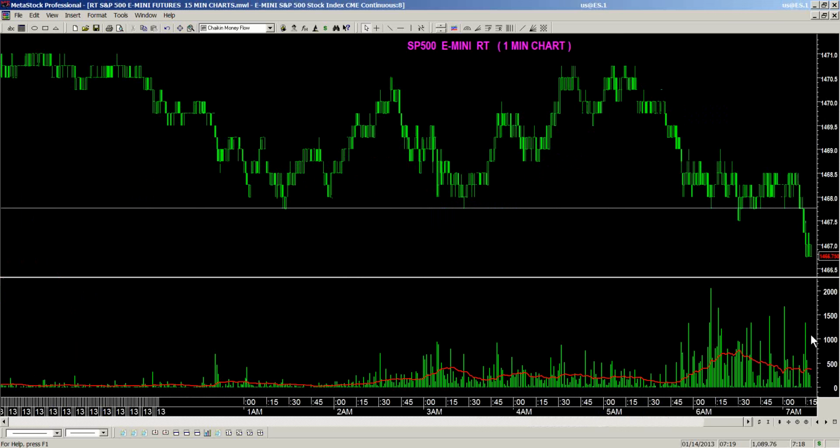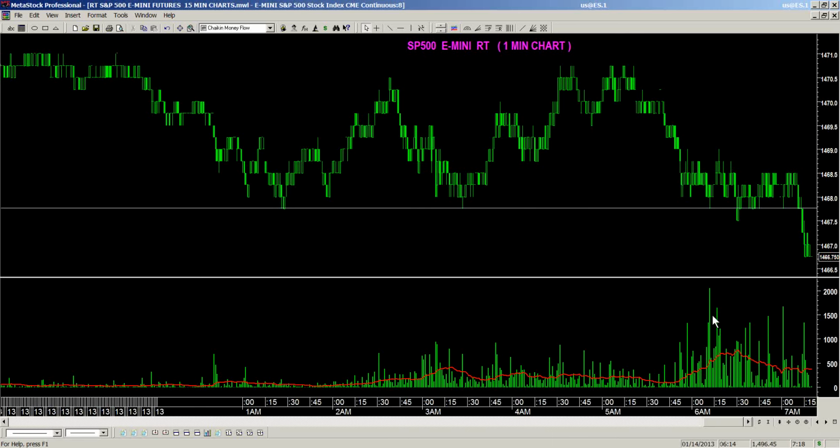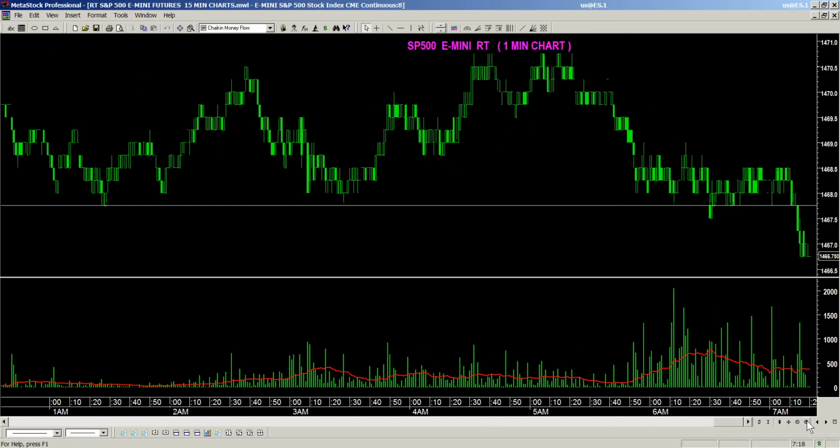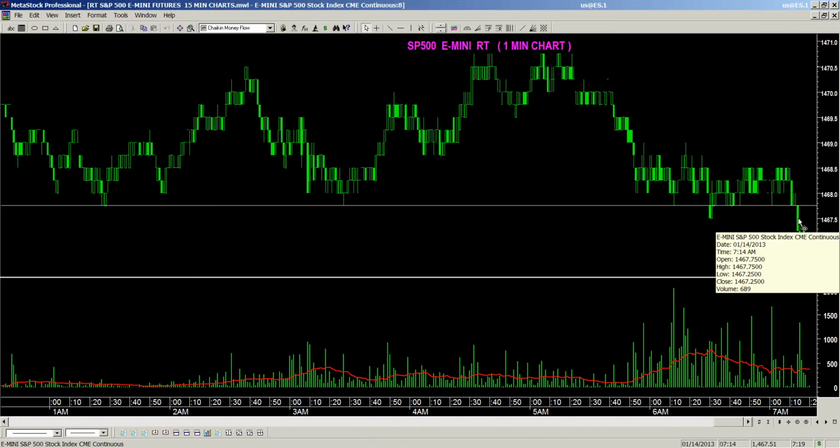For the setup, here's that level on a 1-minute chart, 1467.75. And this is the volume that has come in here, a probe and then a final close below this level. This is the area, the preferred entry, right here.